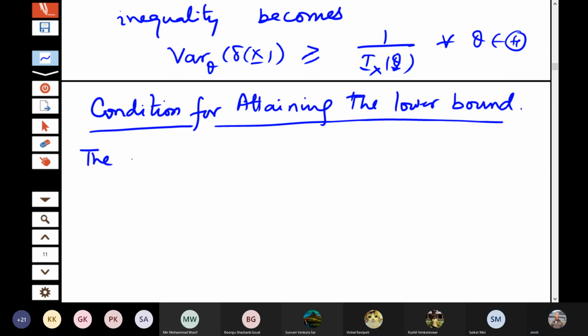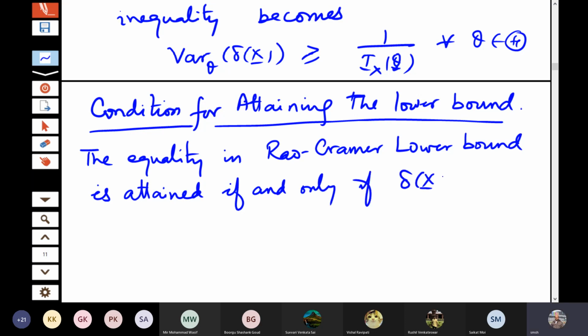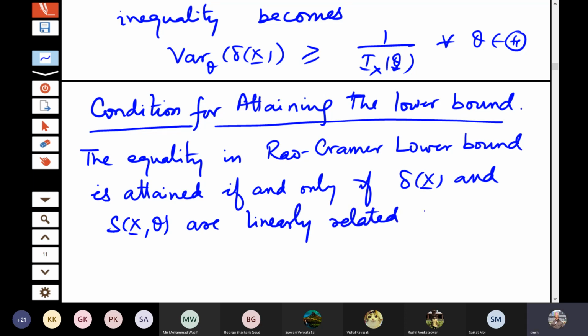The equality holds if and only if delta x and Sx theta are linearly related with probability 1.